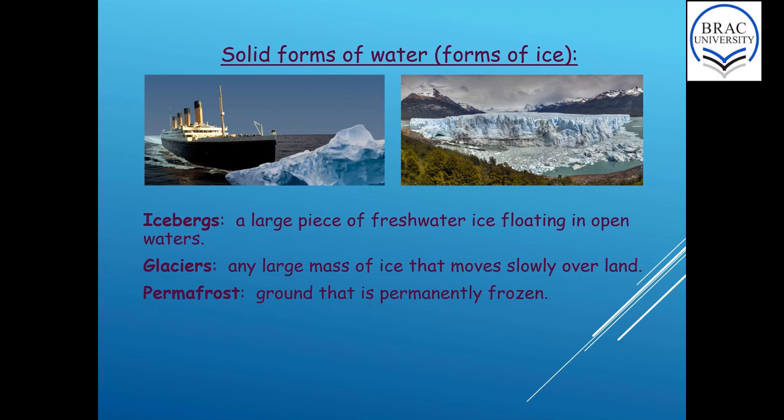And the last one, that is permafrost. What is permafrost? Permafrost is the ground that continuously remains frozen for 2 or more years, located on land or under the sea. They are common in high mountainous regions and in higher latitude regions, like near the North Pole or South Pole.